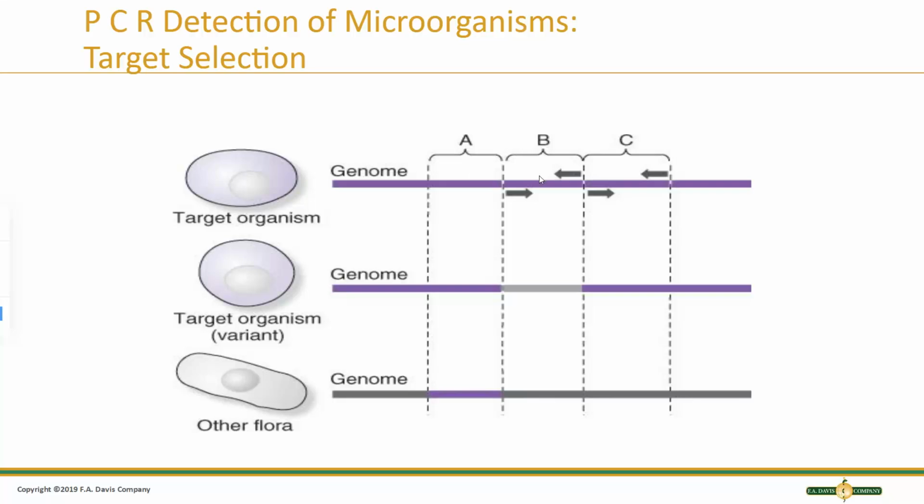One additional area would be specific for the target organism, so the variant and the other flora would not have it. The other area that we would target would pick up the initial region, plus it would pick up the variant. So this would capture not only the target, but also the variant, while remaining negative for normal flora.